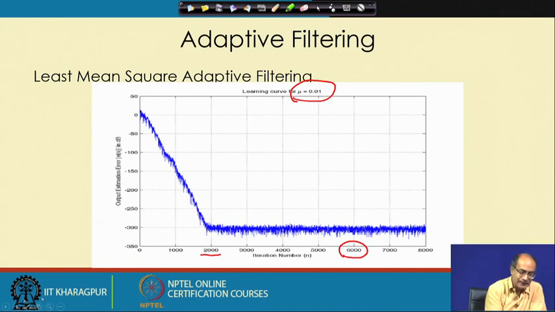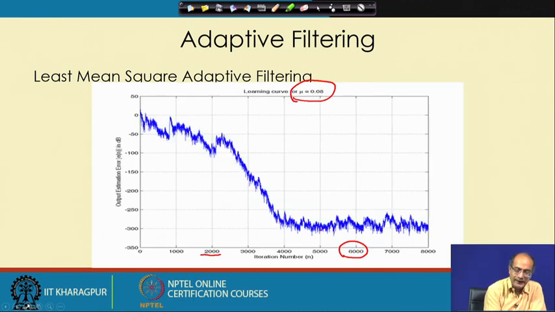Now, in this case, the trajectory is no more smooth and it is a jerky kind of movement. It is going down, again going up, moving away from the minima, again coming down, again going up, and because of that nature it is taking more time; it is not going up to 6000, but it is not coming down by 2000, and it is coming towards convergence at 4000 iterations.